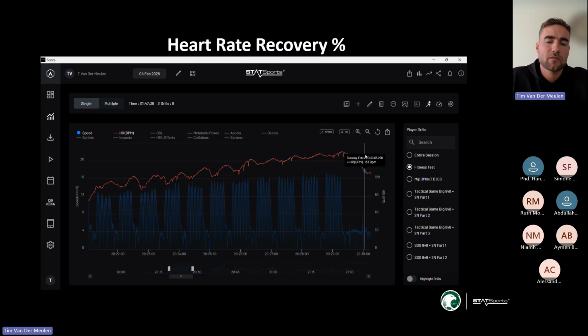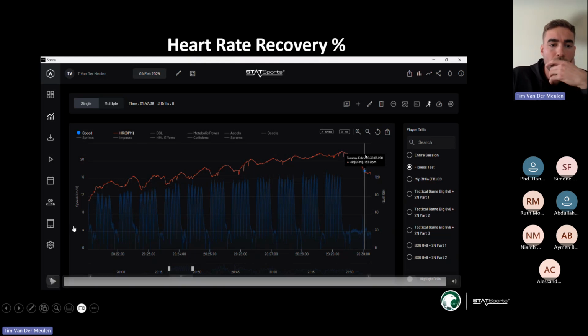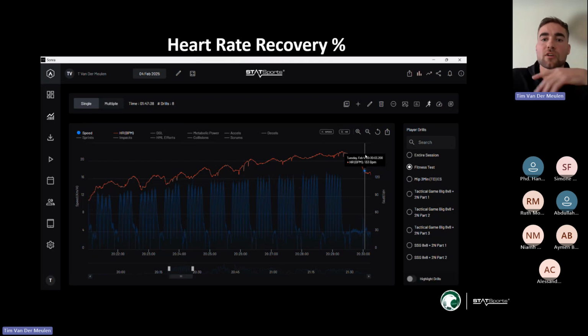But if you created, for example, different drills for each different 4 or 5 runs within that fitness test, so in total 1, 2, 3, 4, 5, 6, 7, 8, 9, 10, 11 different drills, then you will be able to look at the heart rate recovery percentage within those 11 drills.